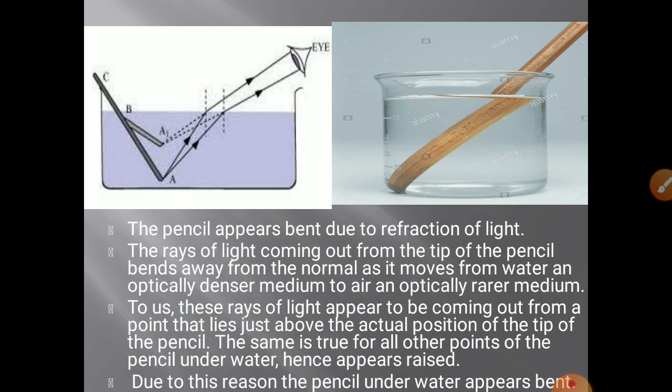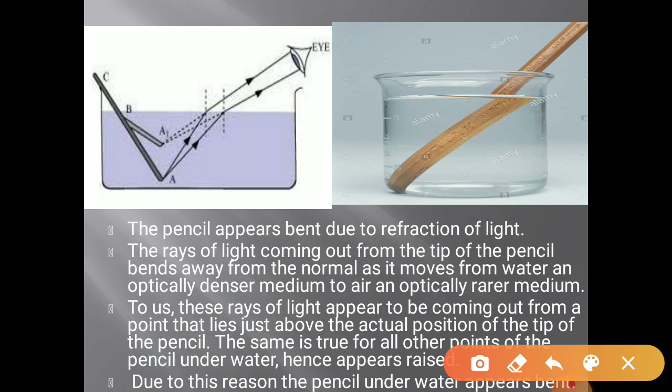First question: why does a pencil appear bent? Suppose these reasoning questions are given for 1 mark, then the one sentence answer you will have to write is: the pencil appears bent due to refraction of light.